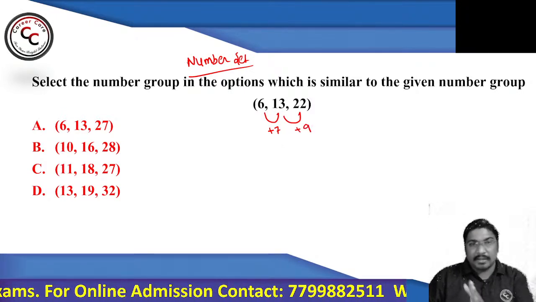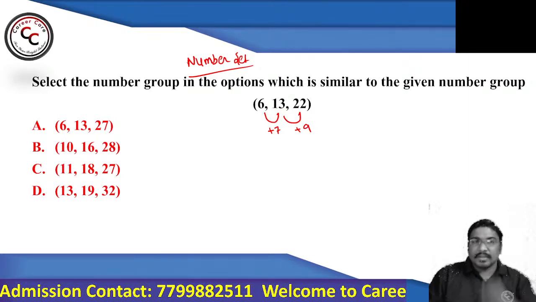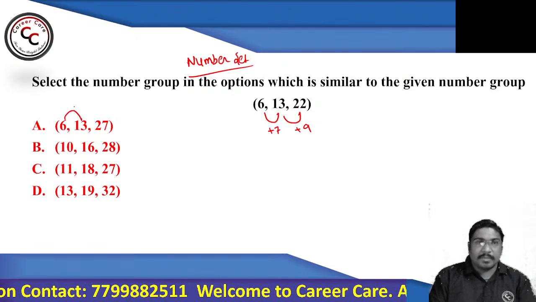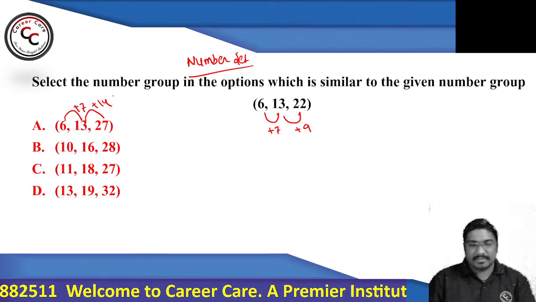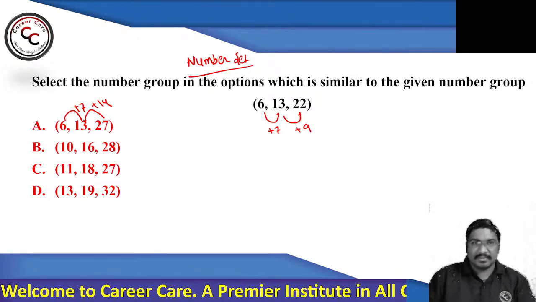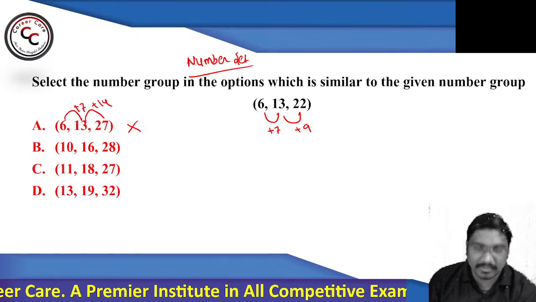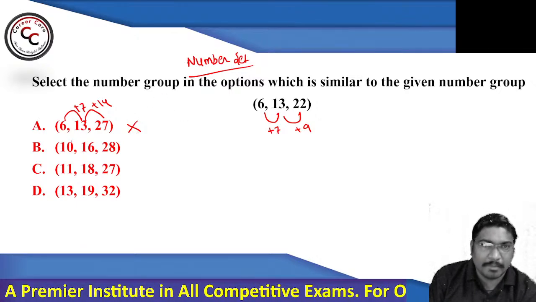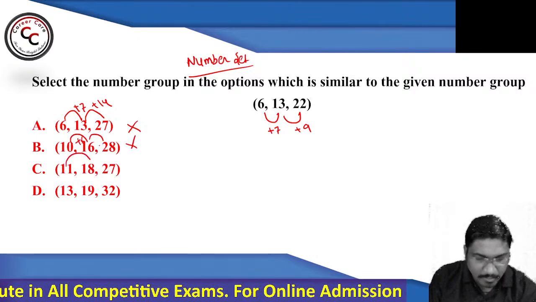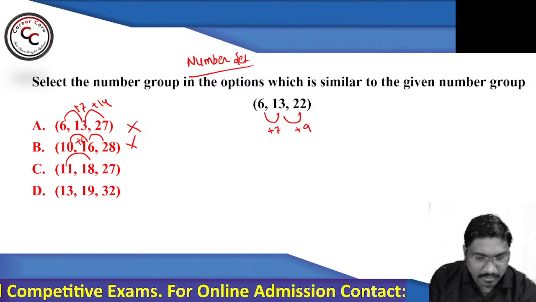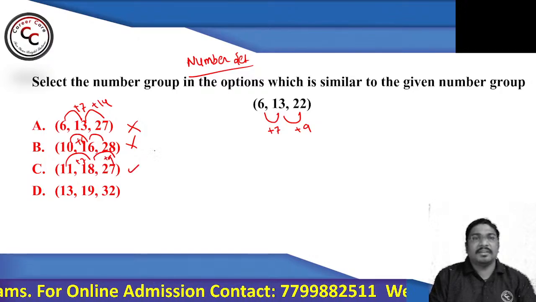Right? Similarly, check in the options whether the same is being satisfied or not. So here you can see 6 plus 7 is 13, 13 plus 14 is 27. So you cannot take this, no chance. Why? Because the logic is plus 7 as well as plus 9 in the similar way. 10 plus 6, 16, no chance. 11 plus 7, 18, 18 plus 9, 27.